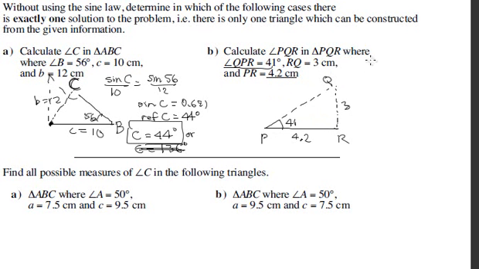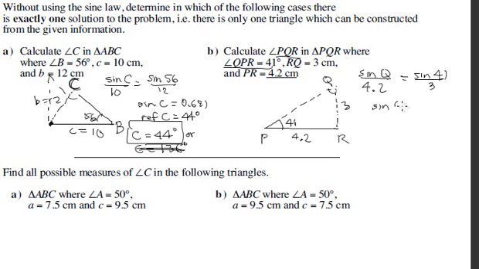So we can say that the sine law, they want us to find angle PQR, which is this angle, is going to be sine Q over 4.2 equals sine 41 over, and its opposite side is 3.